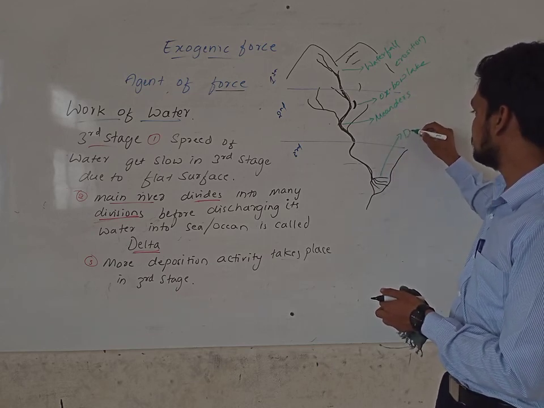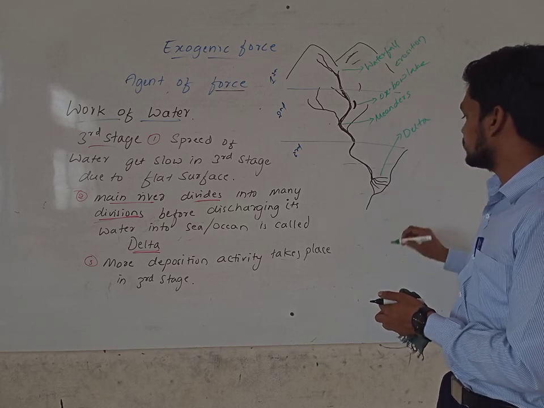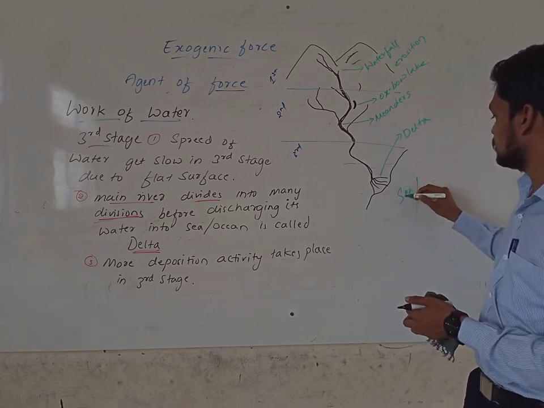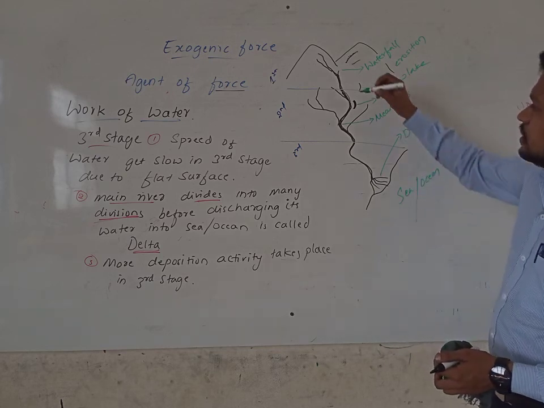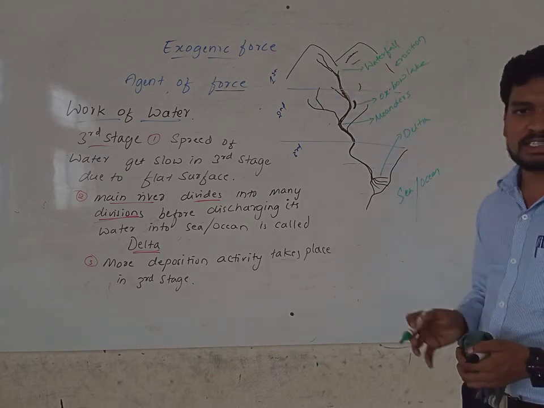We call it a delta, and it is a sea or ocean. We call this a sub-river or tributaries.